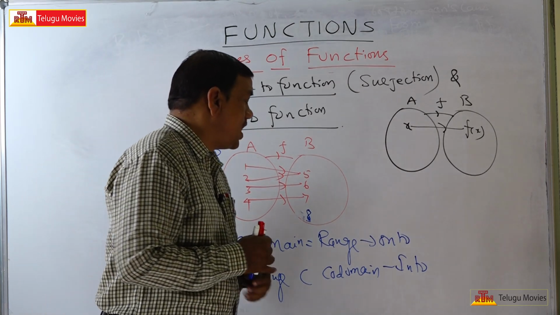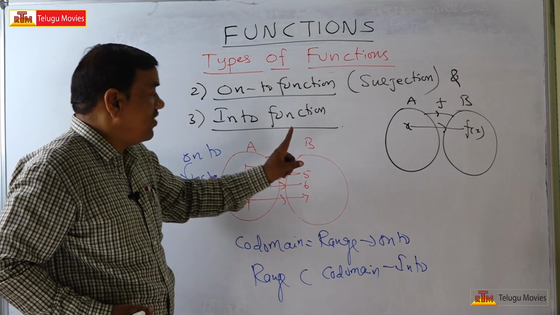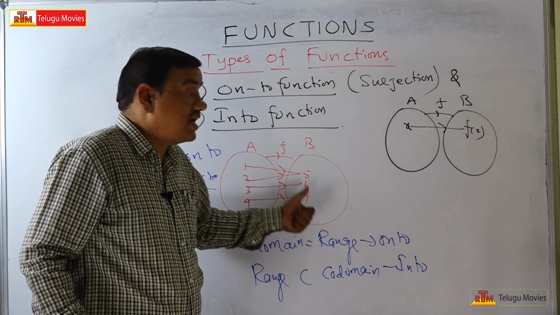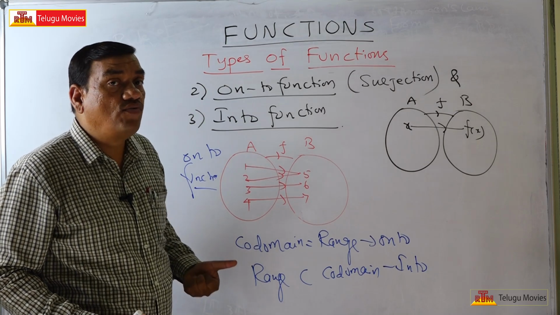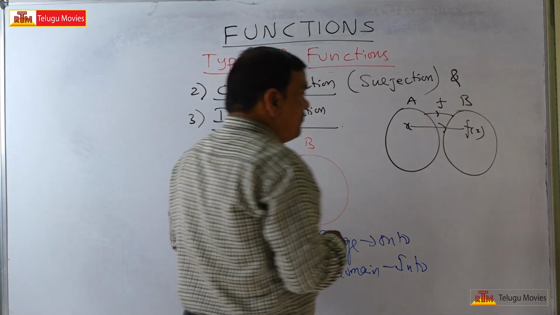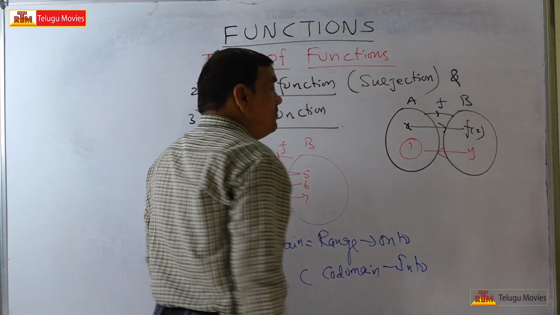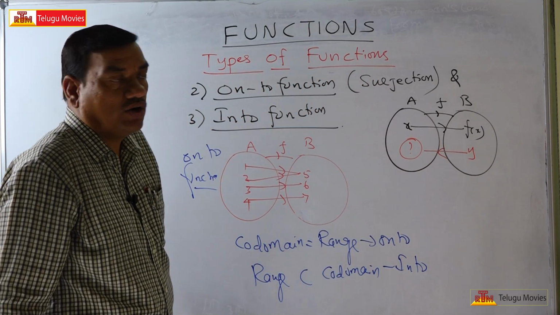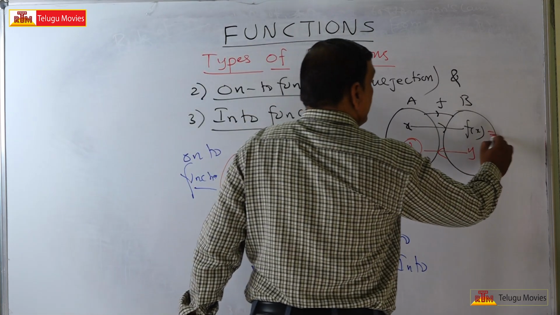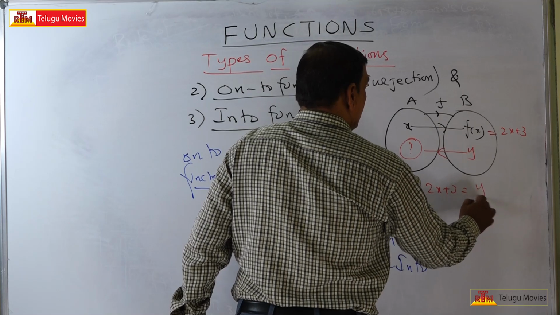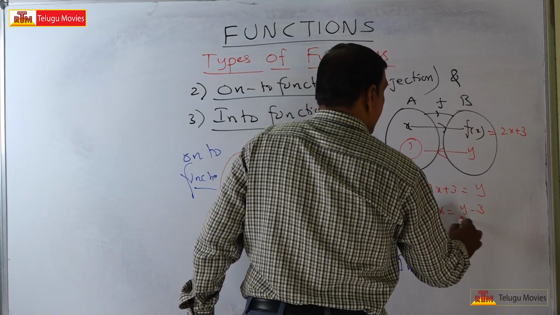First of all, what is an onto function? For every element of the codomain, it is the image of at least one element of the domain. That means for every y, you have to find one pre-image. For example, if y is equal to 2x plus 3, therefore 2x plus 3 is equal to y, x is equal to (y minus 3) by 2.